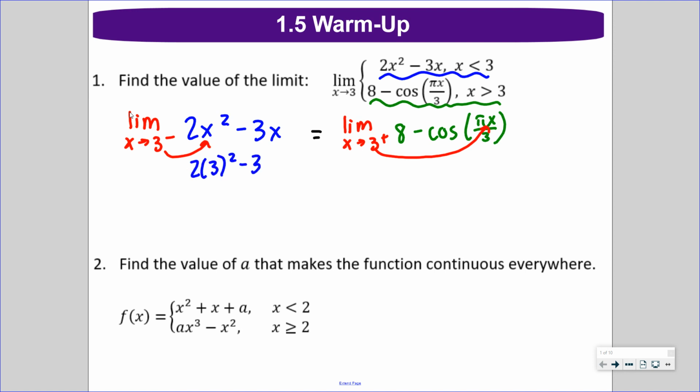Both of these we can direct substitute, no problem. Alright, 3 pi over 3 would just be pi. Over here, 9 minus cosine of pi.